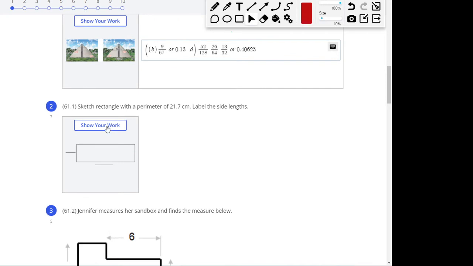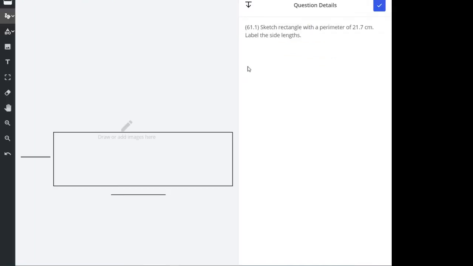The 2 is so easy to solve. Oh, mister, how? This one you need to sketch a rectangle and find the perimeter. I know the perimeter formula. The perimeter formula is adding all the sides of the rectangle. I have 2 lengths plus 2 widths.